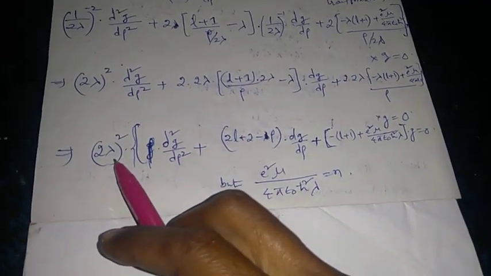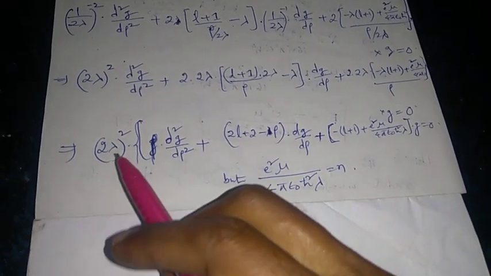If you write 2 lambda square as a common factor outside, and make use of the fact that your n was this, from the definition of lambda, you can write this entire thing as your small n. So you will get a differential equation of this form now.